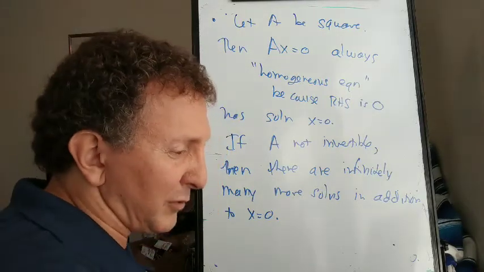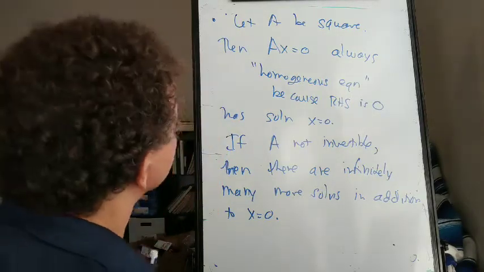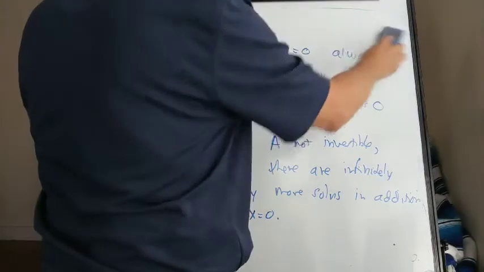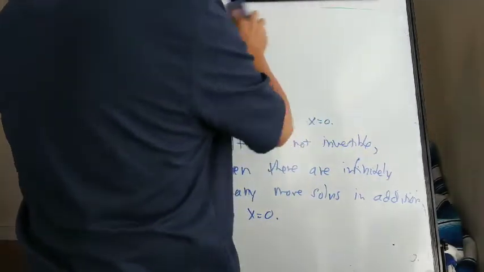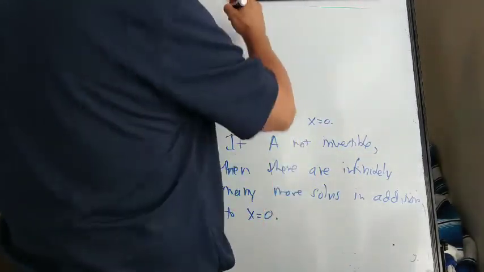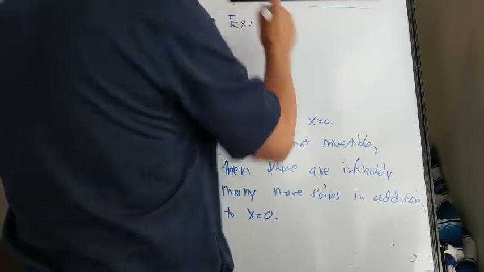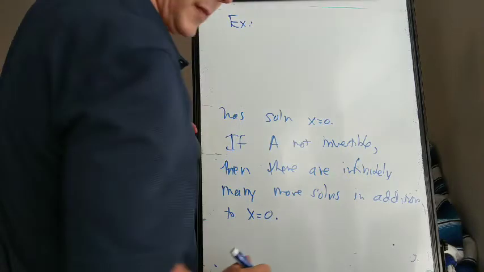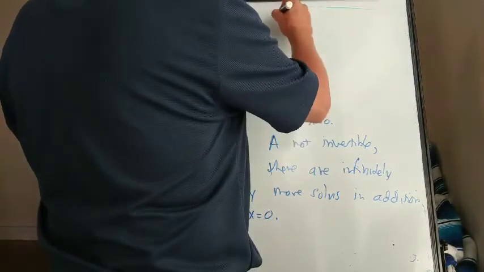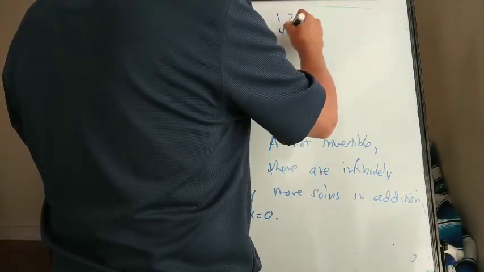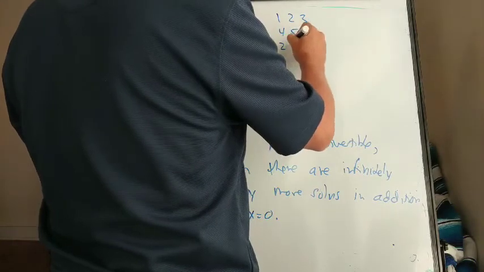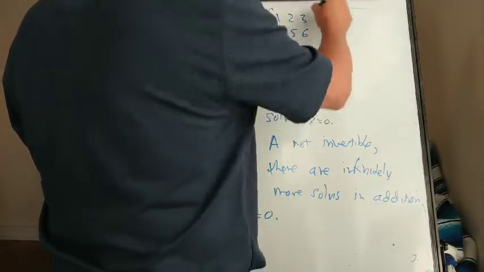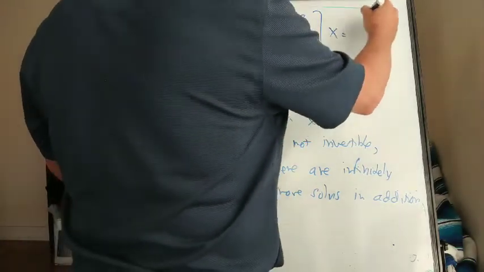So let me just do an example of that. Let's look at the matrix 1, 2, 3, 4, 5, 6, 2, 4, 6, times x equals 0, 0, 0.